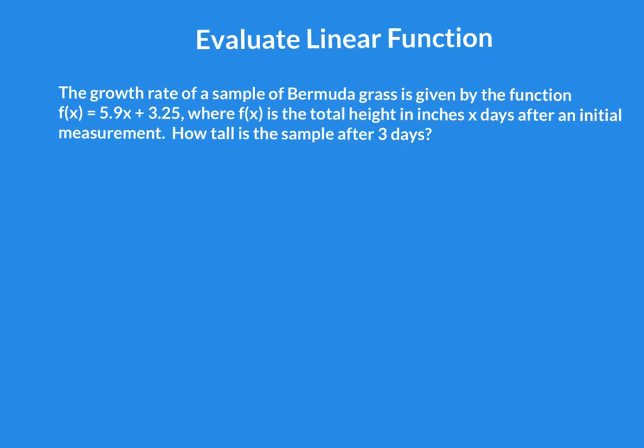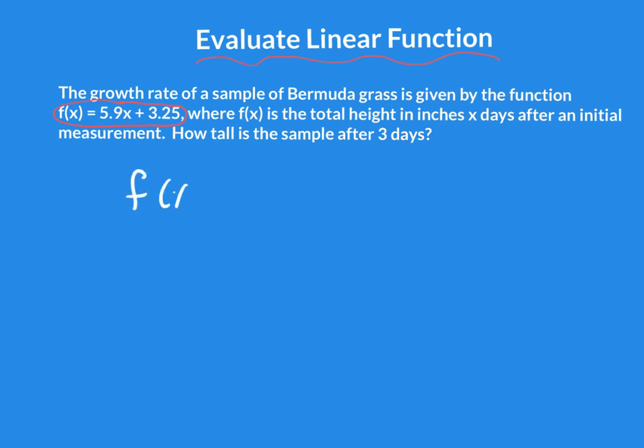So our first example is looking at evaluating the linear function. So let's read this. The growth rate of a sample of Bermuda grass is given by this function. A lot of story problems in algebra, hey, they give you a function, an equation. So before I even keep reading, I'm going to rewrite that.